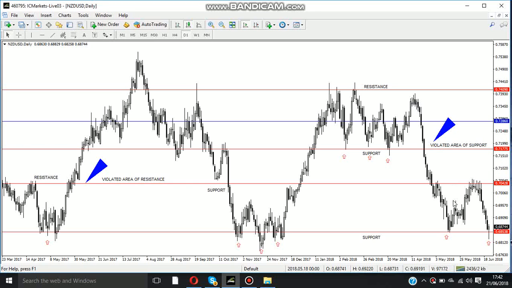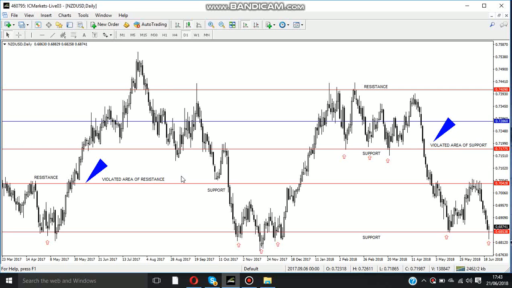Okay, now if we look at this chart here, we've got support and we've got resistance. Now it's also important to note that sometimes support and resistance isn't entirely respected, and as you should know by now, not everything is promised or guaranteed in trading.